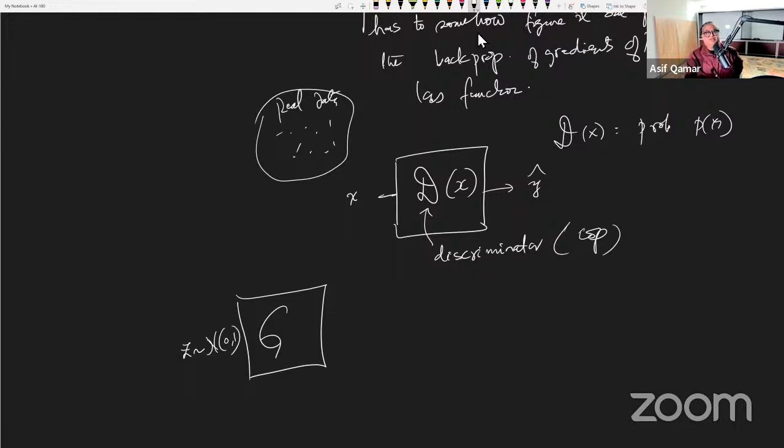Z can belong to whatever dimension, you can pick your dimension, some d dimension. Let's say that X belongs to n dimensions. Real data belongs to n dimensions. The output of this, for it to be sensible, X prime also has to belong to n dimensions.